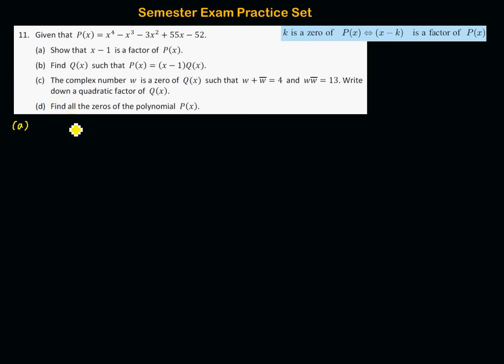The point is we want to find the value of this x. So all we need to do is show that p(1) is 0. You sub x equals 1 into this, and if you do that, you find it is 0.